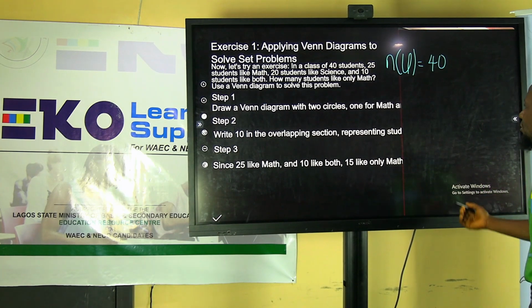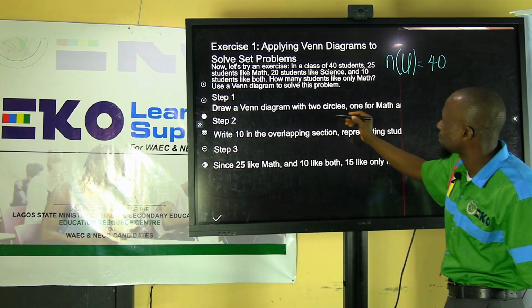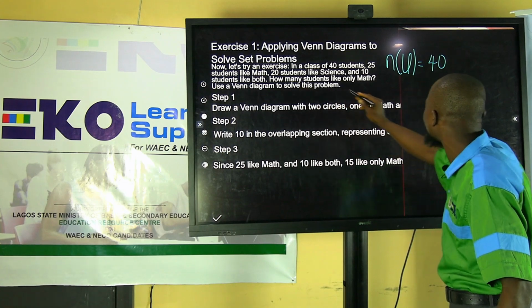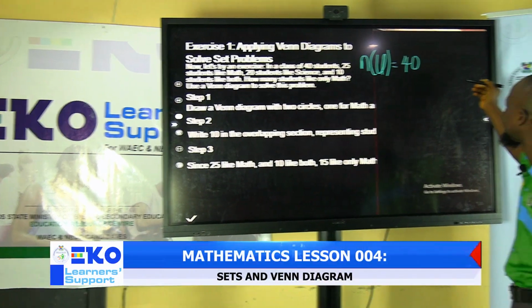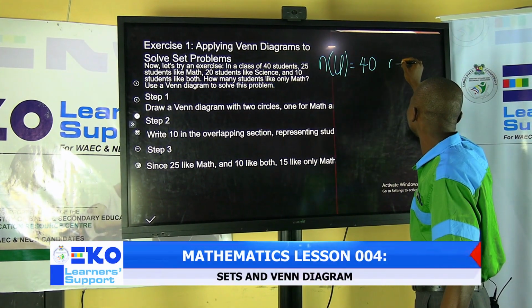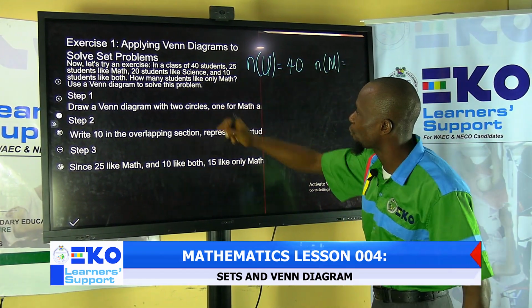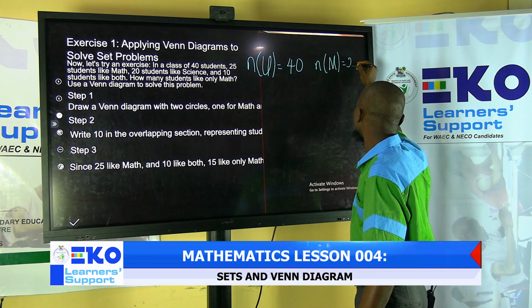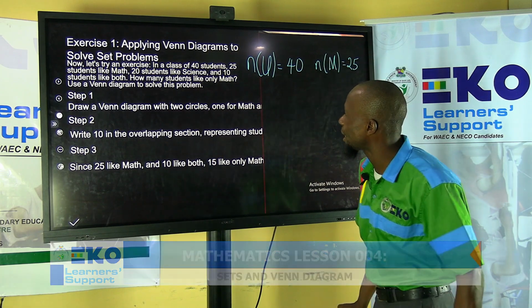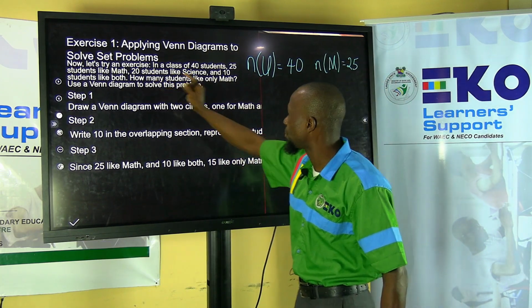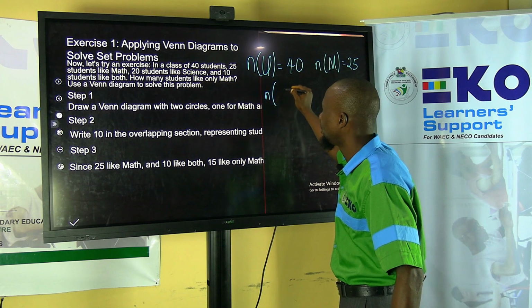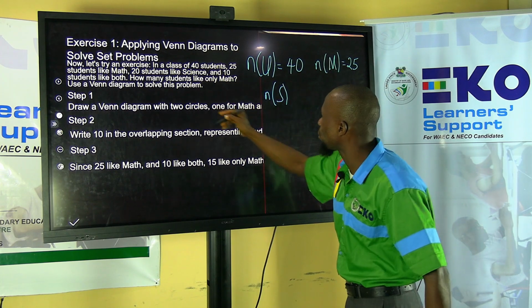So let M represent mathematics and S represent science. Cardinality of mathematics, the number of students that offer mathematics, is 25. And cardinality of science is 20.